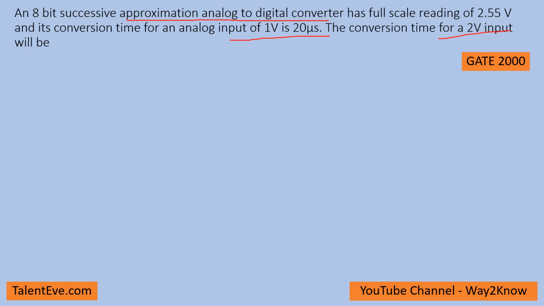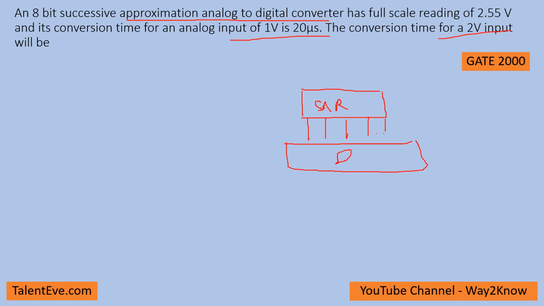Before going to that, let us see the basic construction of a successive approximation register based ADC converter. Basically, there will be a register called the successive approximation register, and then it will have n-1 digital outputs which will be given to a DAC, digital to analog converter, which will be provided with a VREF voltage.